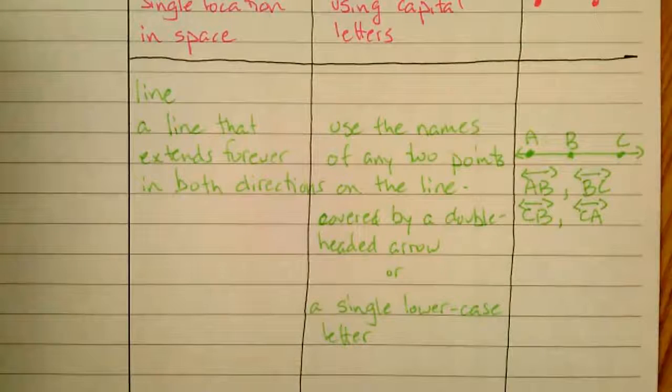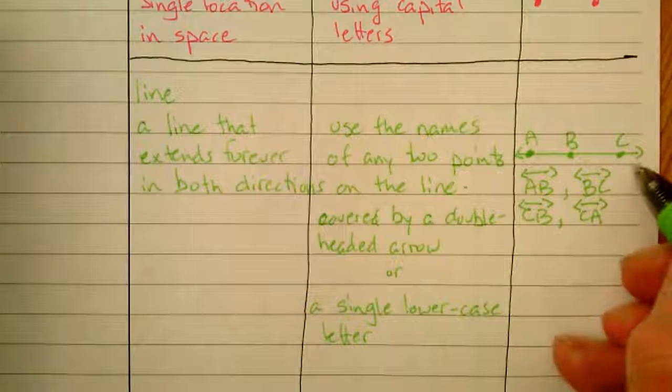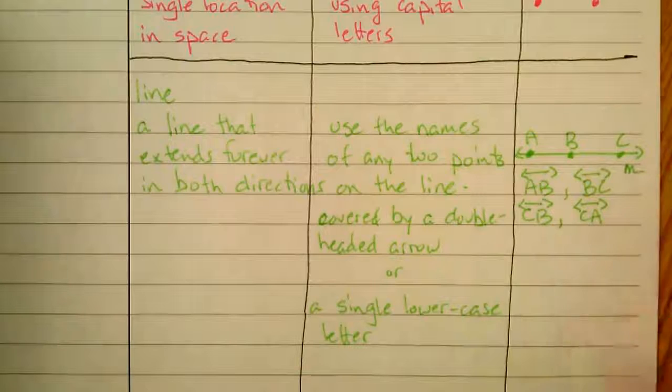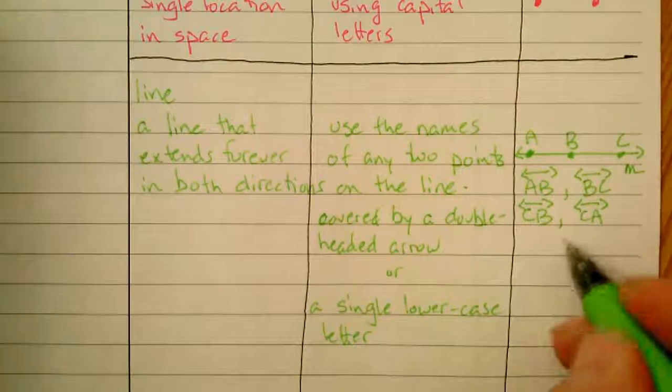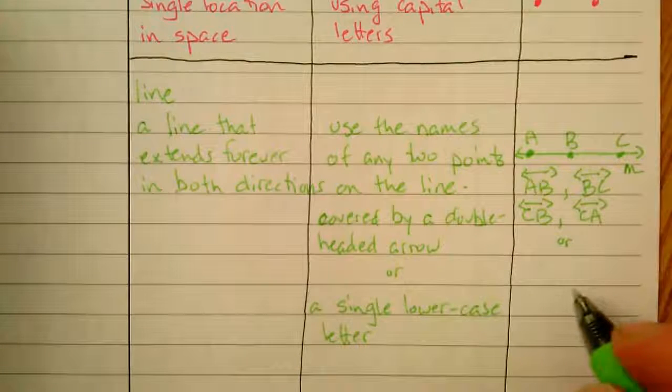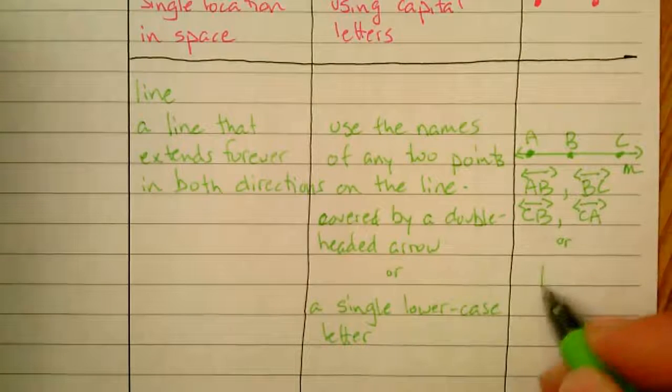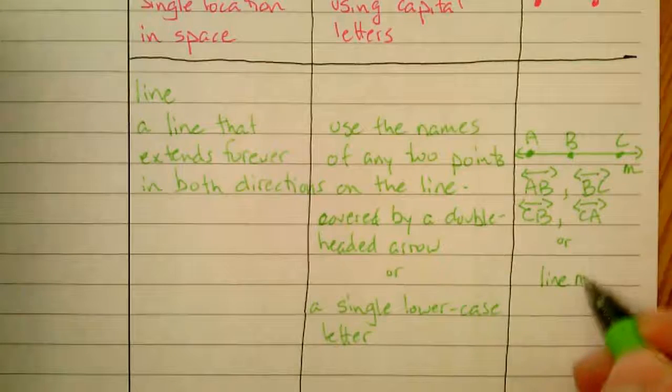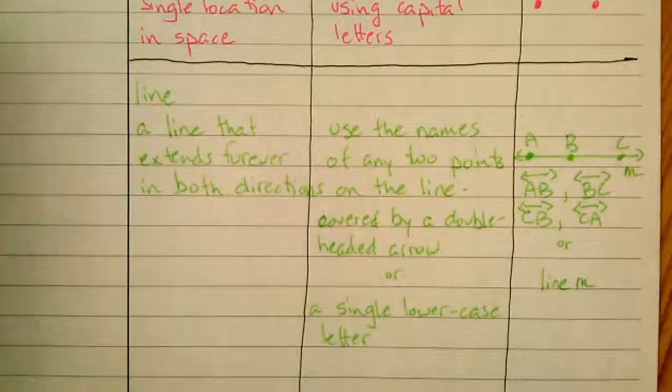Lots of examples. I could also put a lowercase, say, m here and call this line m. Usually when you use that lowercase letter, you'd probably call it line m, just to make sure you're clear about that. Alright, next up.